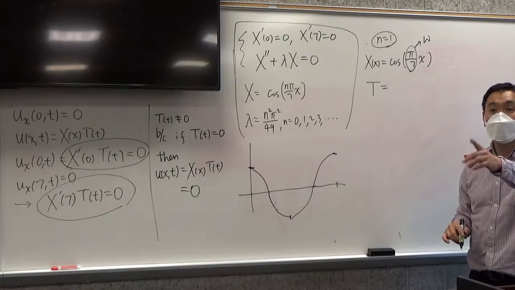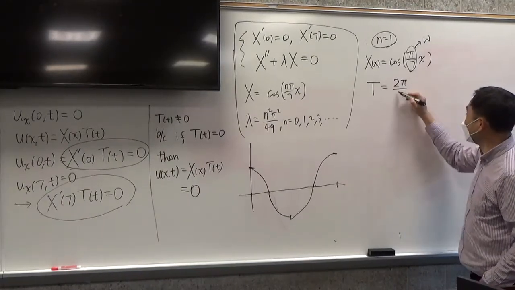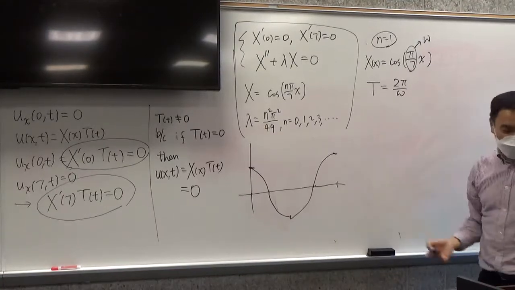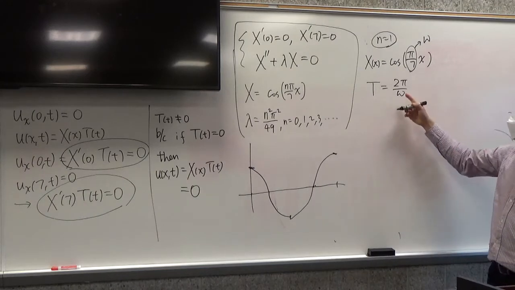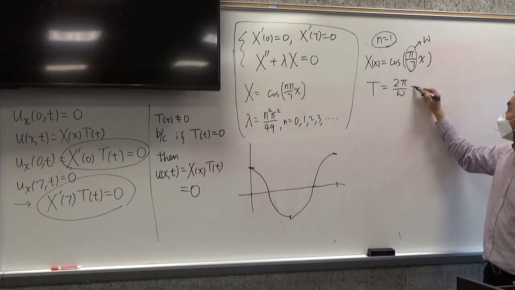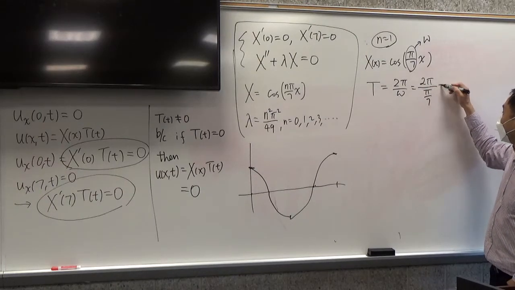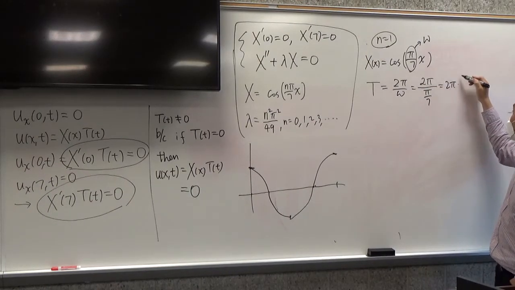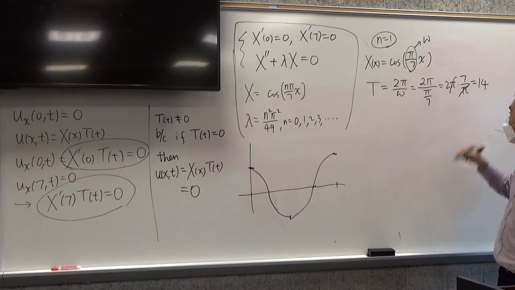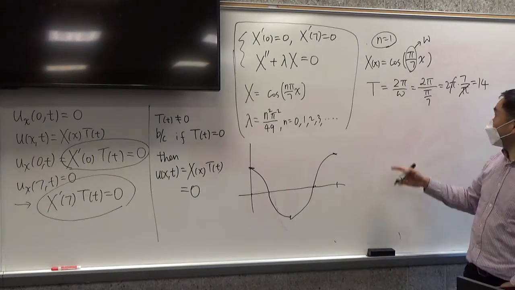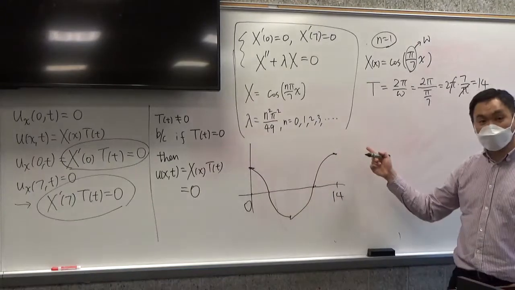It's 2 pi over omega. It's not w, it's the Greek letter omega. So it's 2 pi over pi over 7, and dividing by a fraction is multiplying by its reciprocal, so it's 14. So this graph has one full period.